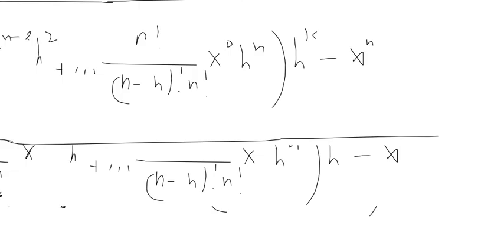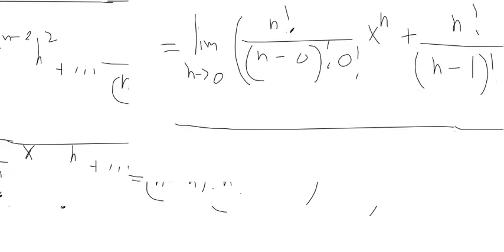As you can see, this derivation is very long. So we have the limit as h goes to 0. This is gone, this is gone.